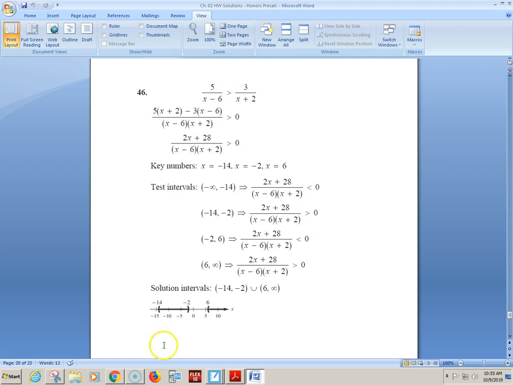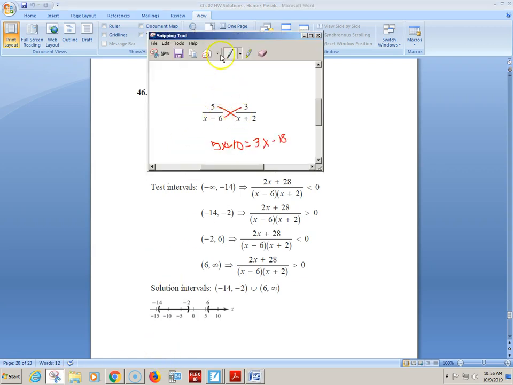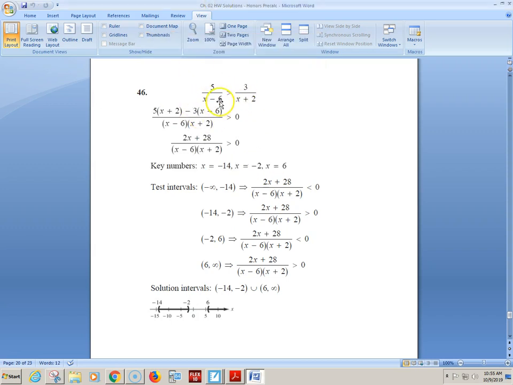Well, remember, you have to look at your inequality. Am I allowed to be at the undefined points? No. So 6 and -2 are both undefined. So first of all, we can't be there because they're DNEs. So those are always going to be open.